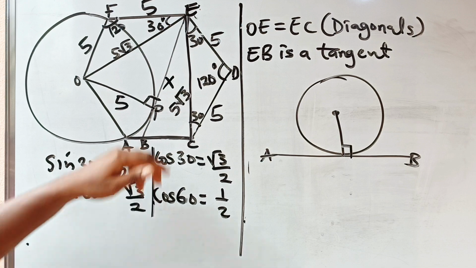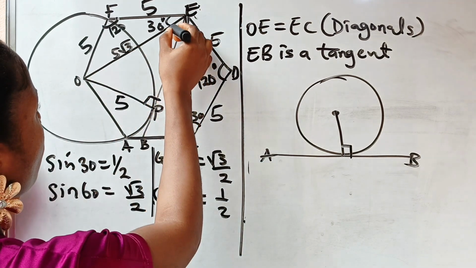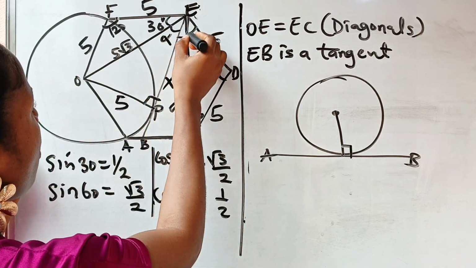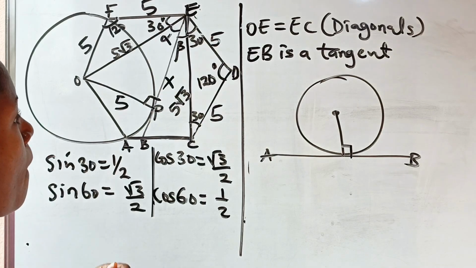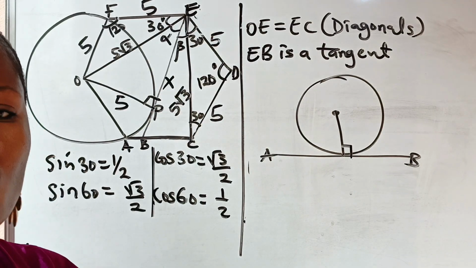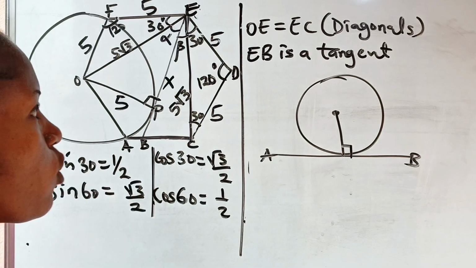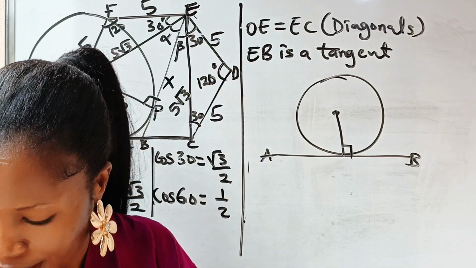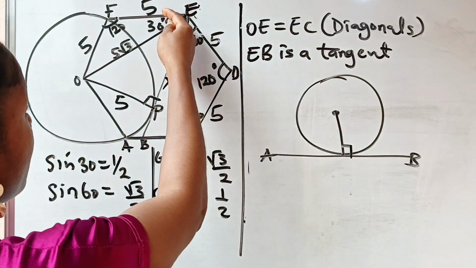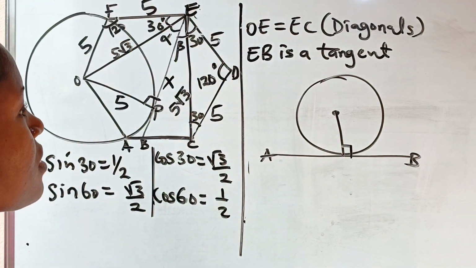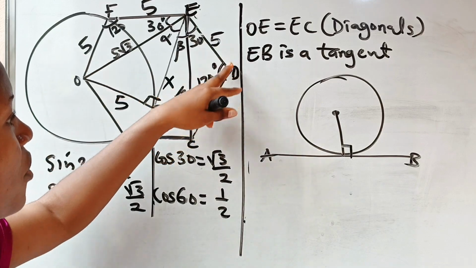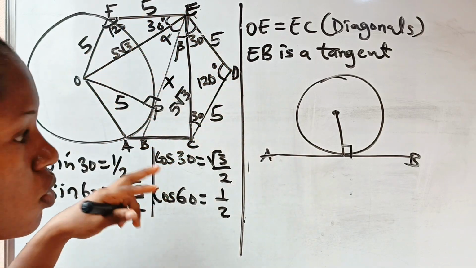Okay? Now, if we call this angle alpha and call this angle beta, I want you to look at angle E. I'm going to clean this. Take your time and look at angle E. Everything here, angle E. Remember that it is also equal to the interior angle of this hexagon.